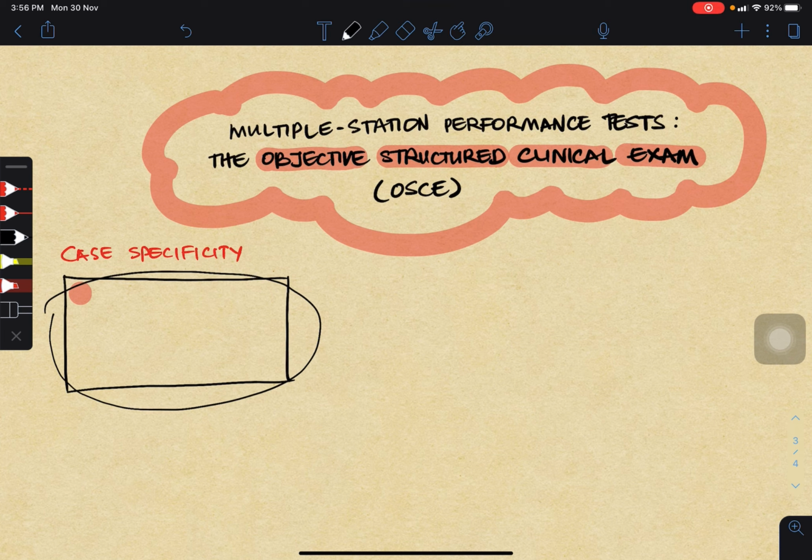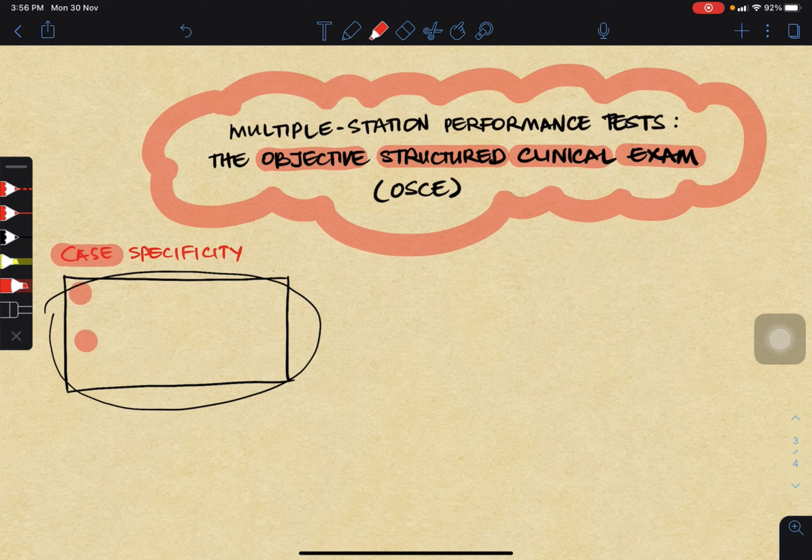Similarly, if someone can take a good history and physical examination for a patient with chronic diabetes, does that mean that he can take a good history and examination in someone with acute chest pain? No, it is found that we cannot predict by that single instance, because performance in all questions is specific to that case.